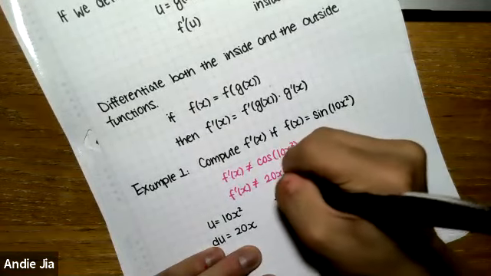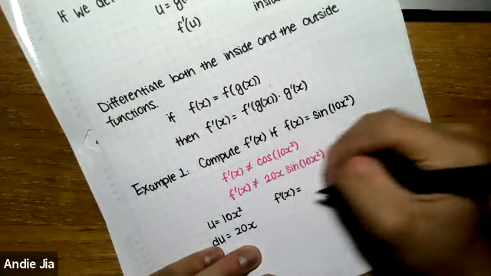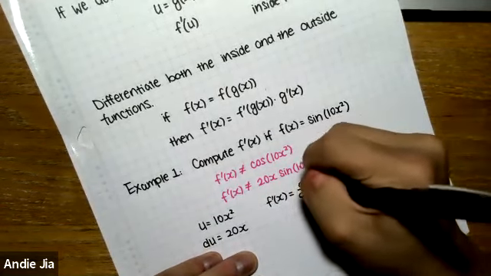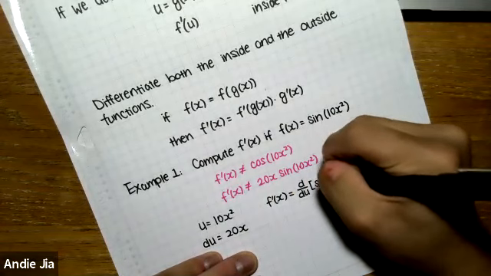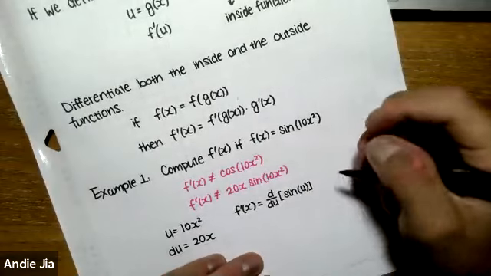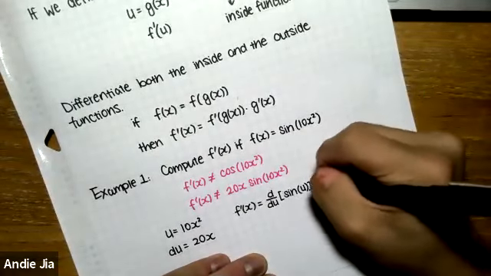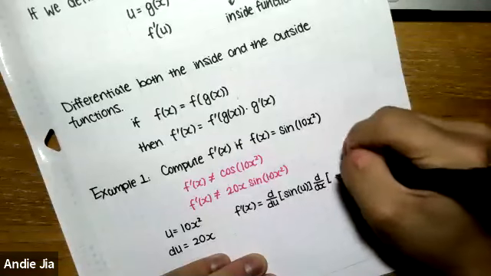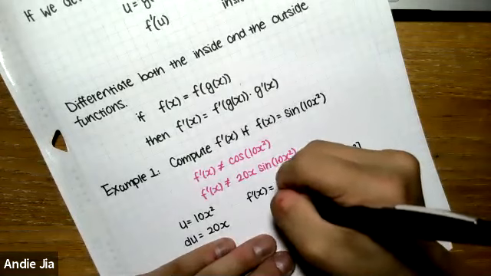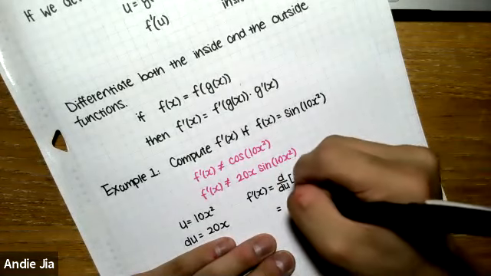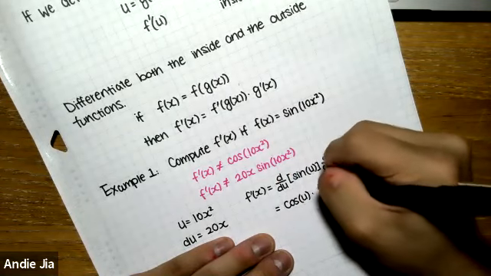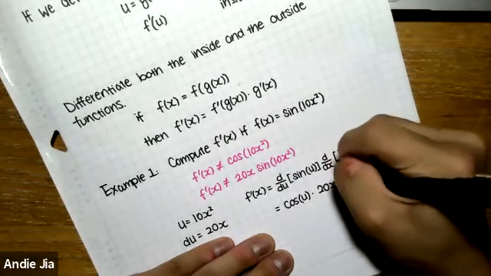Then f prime of x is d du of sine of u times d dx of 10x to the squared, and we get cosine of u times 20x.